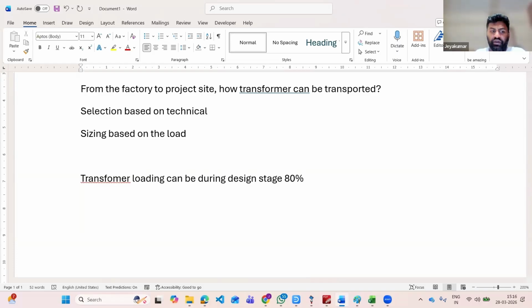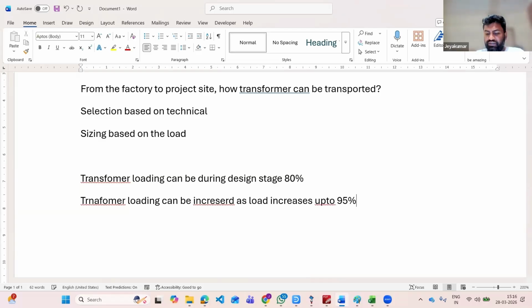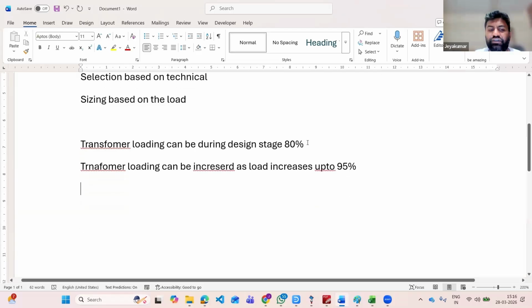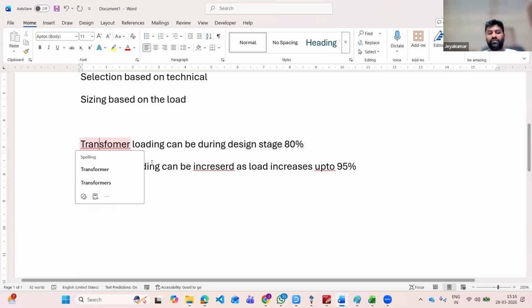You keep it like that. Then transformer loading can be increased, up to 95 you can load it, guys, actually. Okay, during the design stage do not load beyond 80%, because later you may need it. So always consider that in your mind. Okay, so that is very important.